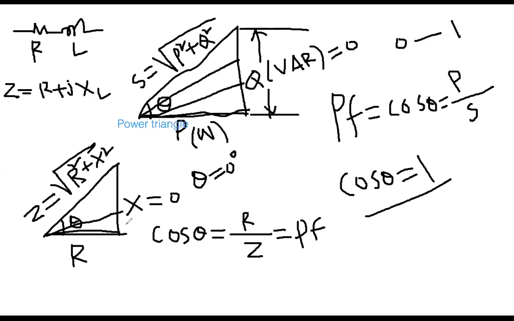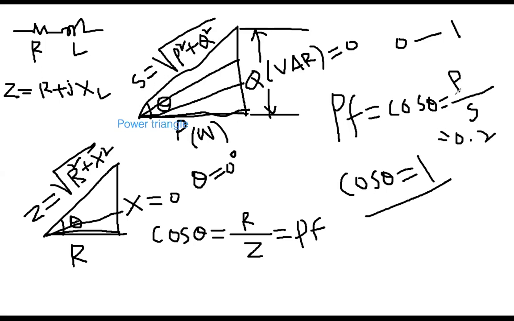Now, what is the problem? The problem is that if you have enough X value, and in this diagram, if you have enough Q value, then you are not able to get cos theta 1. So look, if you have enough Q value, then what will be your cos theta value? Cos theta value will be low. It depends on this angle. It will be fairly low, maybe 0.2 or 0.5.